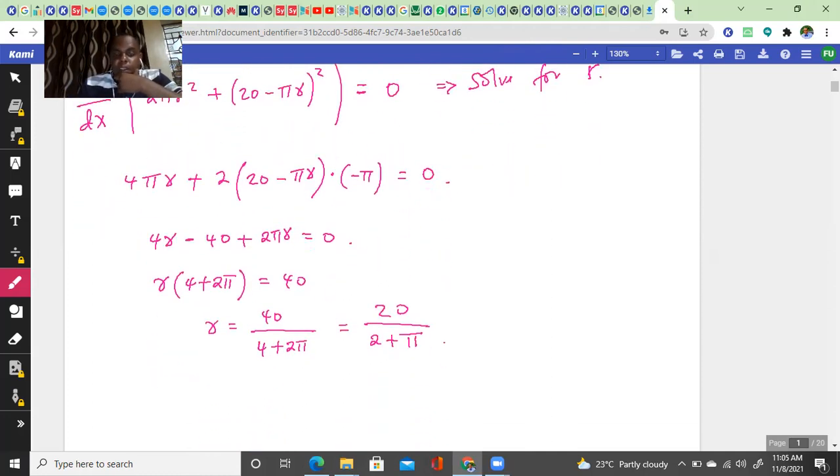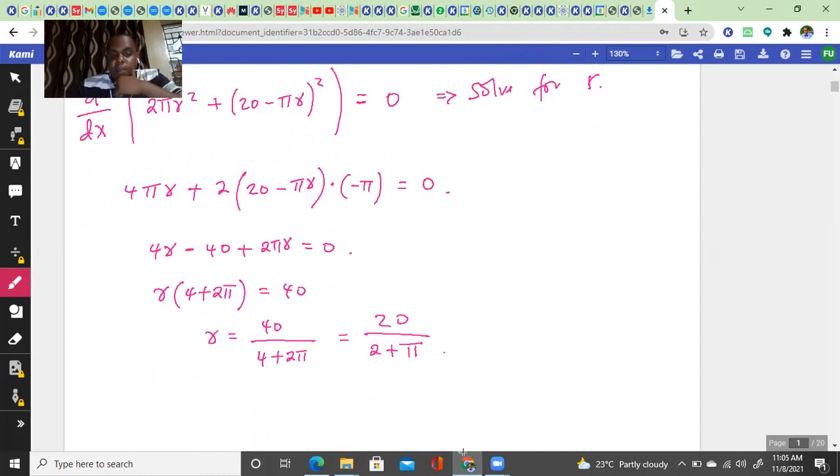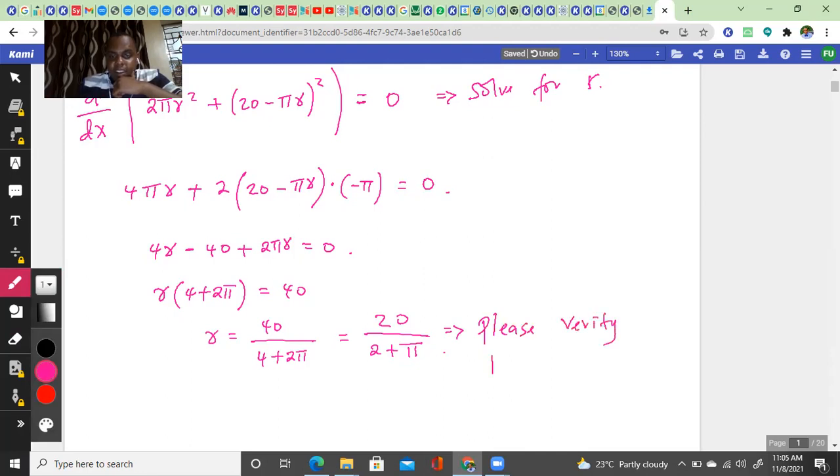Can we verify that it's a minimum point? Please verify that this is a minimum point.